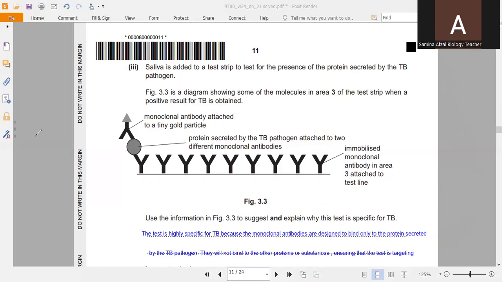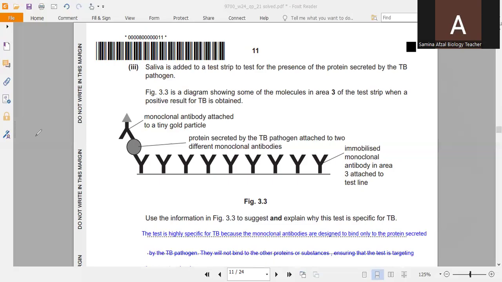It means there will be the result line. So monoclonal antibodies attached to a tiny gold particle. Protein secreted by the TB pathogen attached to the two different monoclonal antibodies. You can show this is the protein which is secreted by the patient who is suffering with tuberculosis.